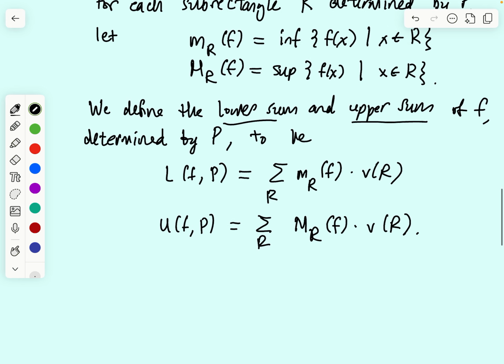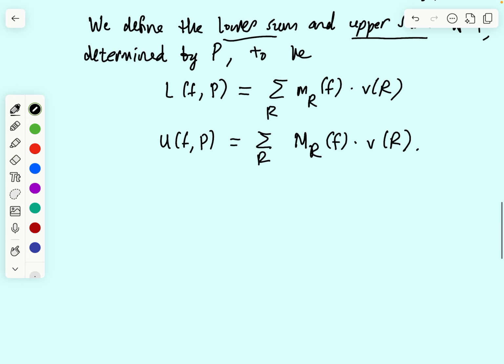So what you're doing is, let's say that you have this rectangle Q, and you take a partition like this, say.